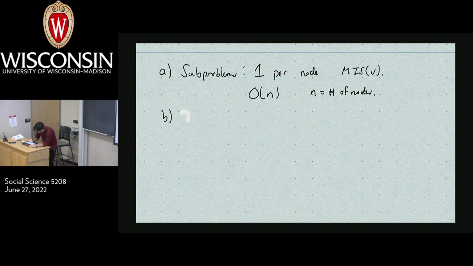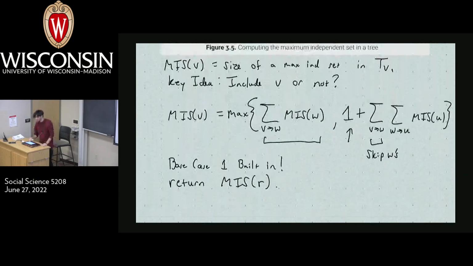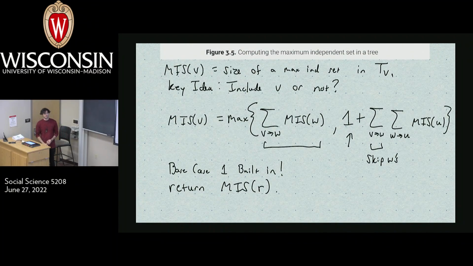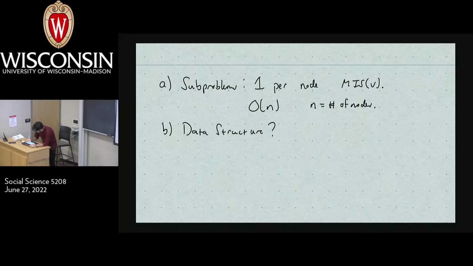So what data structure should we use? Should we use an array? Yes. Yeah, so we're going to use the tree itself. So the most natural way to store things about the tree is to use the tree.